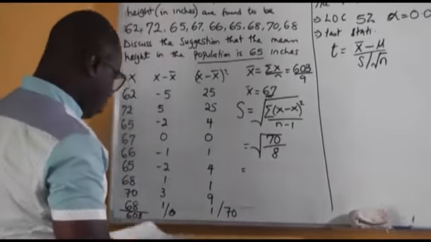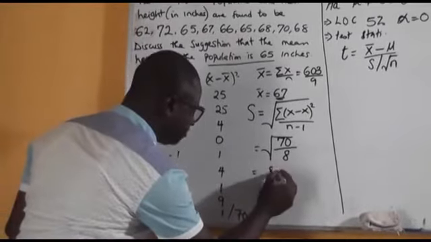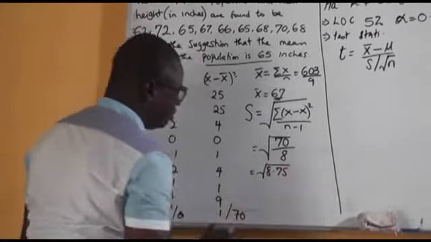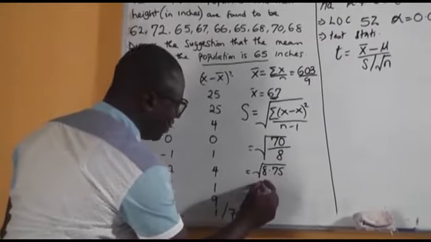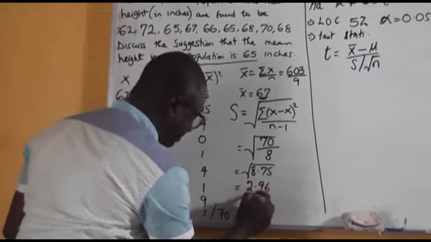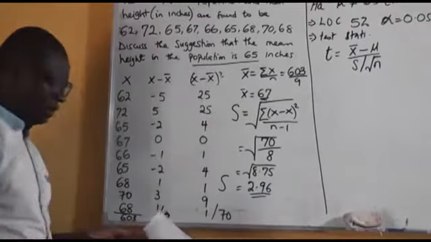If we divide 70 by 8, you are going to get 8.75. Then the square root of 8.75 will give you 2.96. Now, what have we done so far?